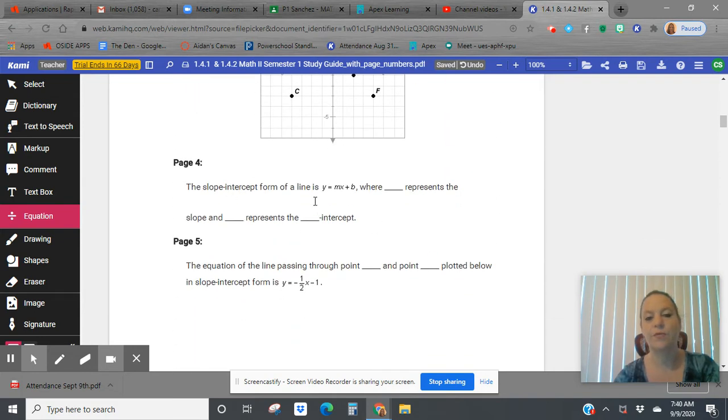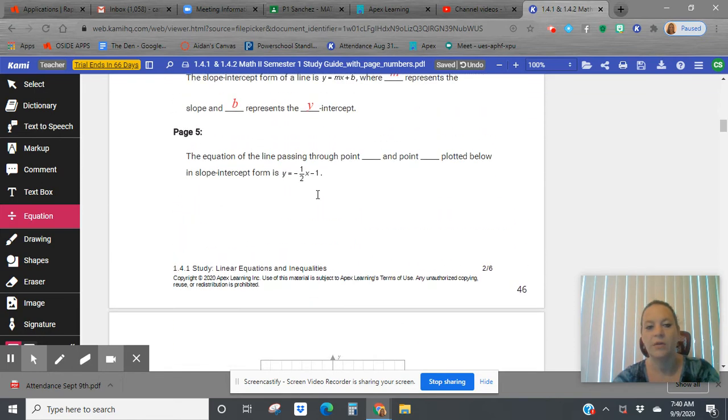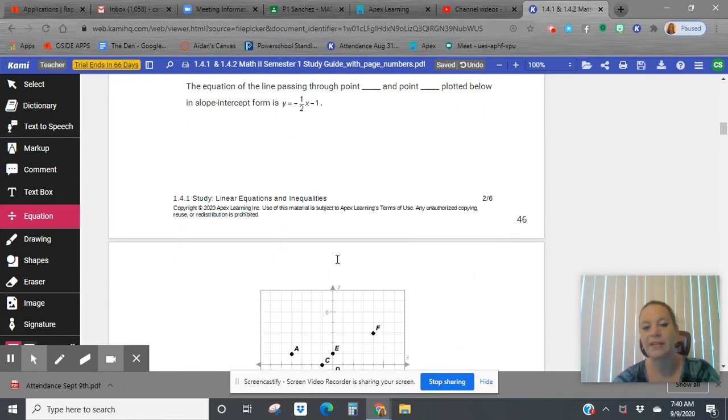The slope-intercept form of a line is y equals mx plus b, where m represents the slope and b represents the beginning or y-intercept of that graph. The m and the b. All right, the equation of the line passing through the point and through this point plotted below, the slope is this. So again, we're looking at y equals negative 1/2 x minus 1.